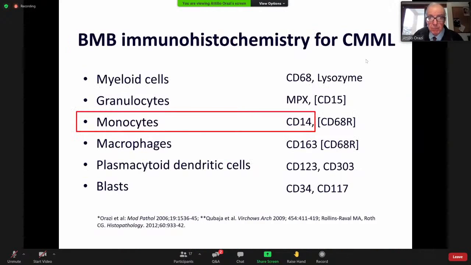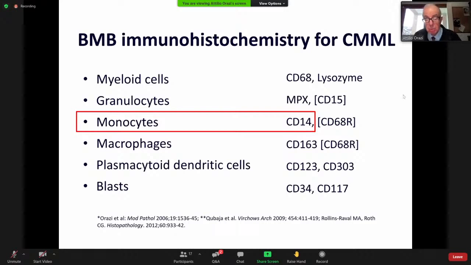So bone marrow immunohistochemistry for CMML is not necessary, but sometimes can be helpful, particularly if you have a bad aspirate, dry tap, fibrosis. This is the combination that we usually do. We don't do all of them, of course. We pick and choose. The CD14 is by far the best marker you can use for monocytes in CMML.